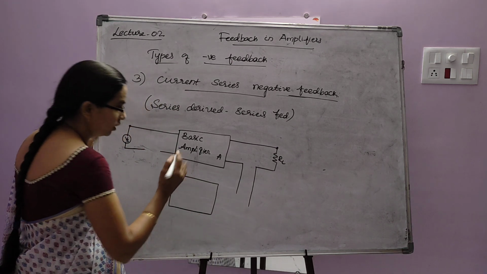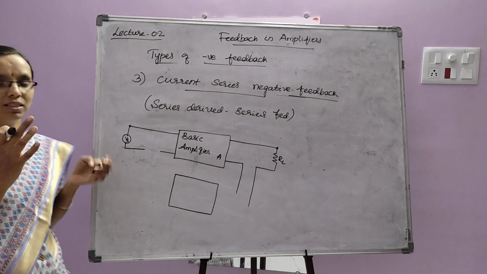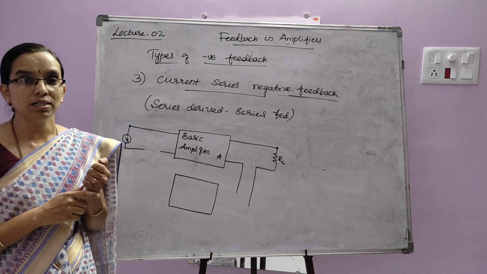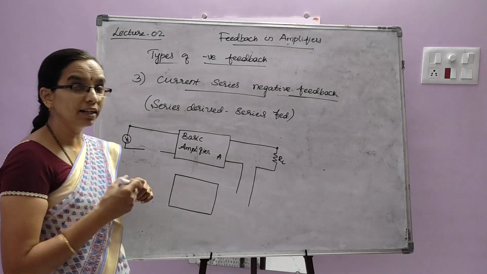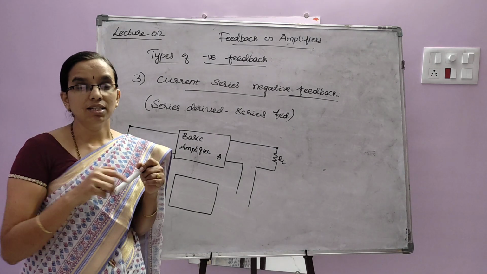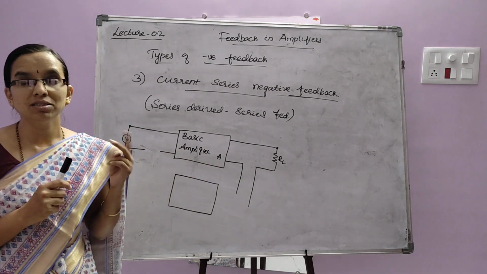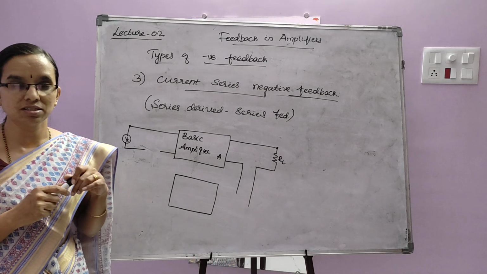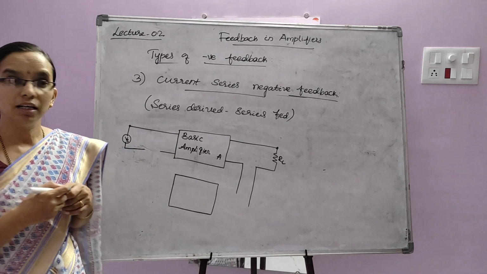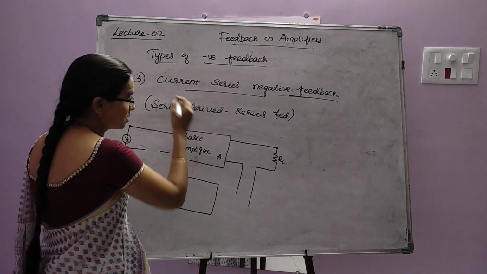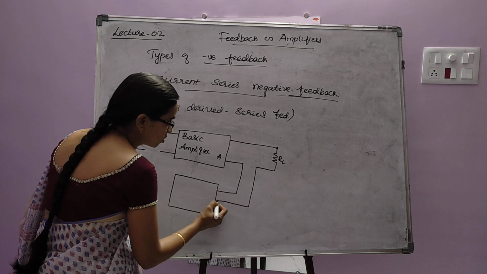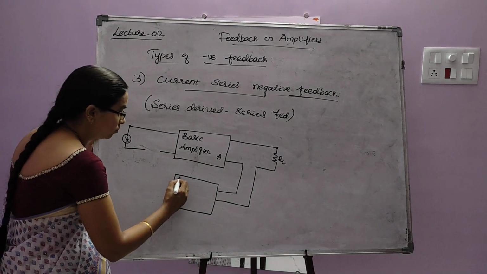Voltage is nothing but potential difference between two points, whereas if you are taking the current, it will be flowing in series connection. For this you can remember just voltmeter and ammeter connections. Ammeter will be connected in series, right, whereas voltmeter will be connected in parallel. So it is current series. Output connection is also series, whereas input connection is also series.